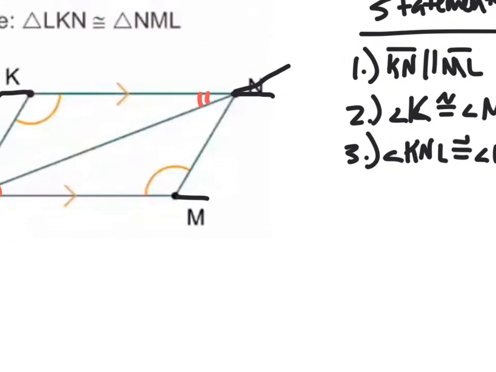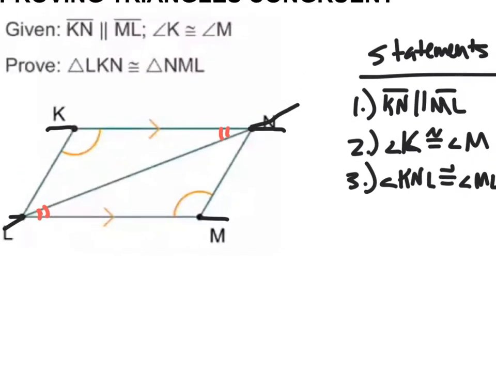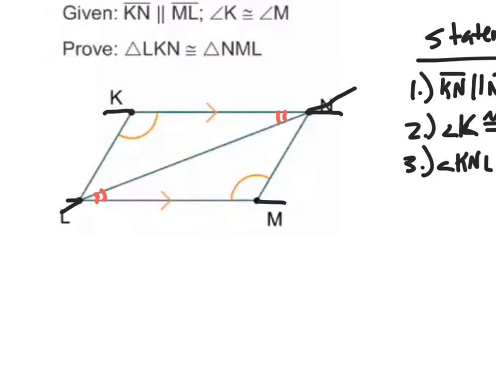All right, so what I've got then is an angle measure, a side length. Oh, wait, no, hold on. Sorry. We don't know that. The one thing I do know is that we have two angles, but I don't know if KN is congruent to ML. We can't make that conclusion yet.